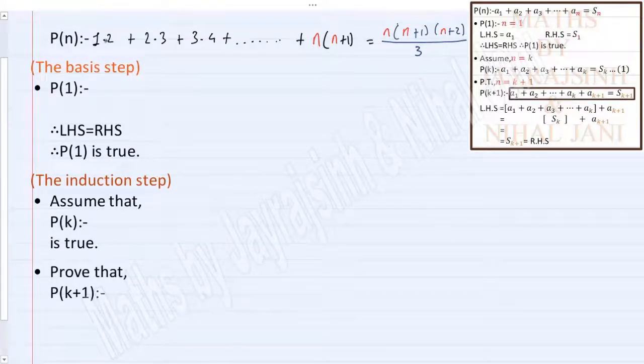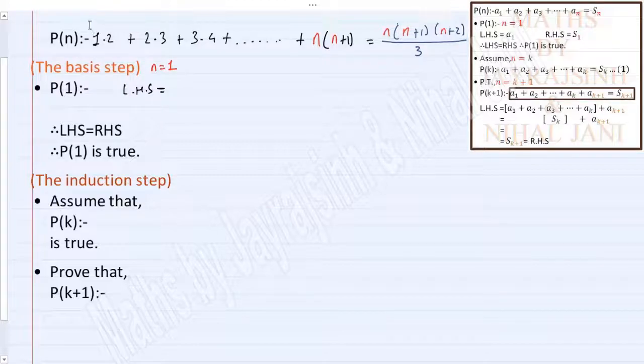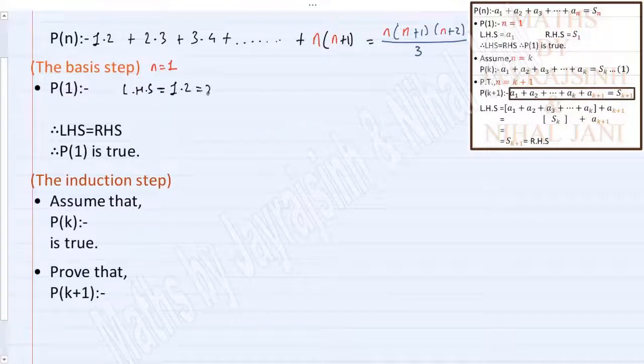P of n, which is 1 into 2, 2 into 3, 3 into 4, up to n into n plus 1, is equal to n into n plus 1 into n plus 2, by 3. In the basis step, you have to check P of 1, and for that we have to put n is equal to 1. So on the left hand side, we will select the first term, which is 1 into 2, which will give us 2, and on the right hand side, we have to replace n by 1.